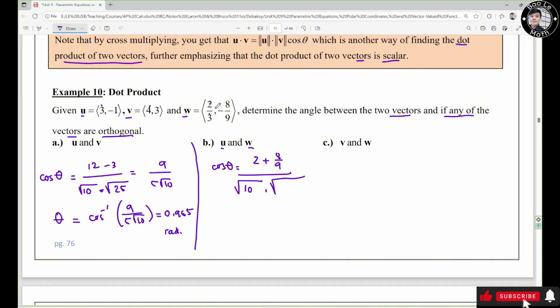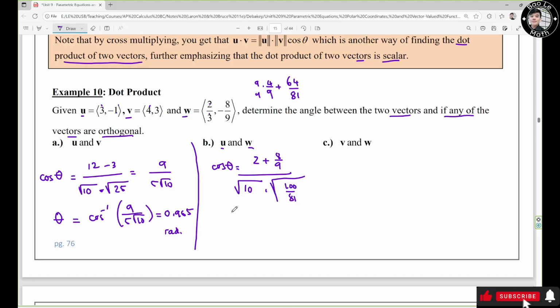Times the square root of 2 over 3 squared, which is 4 over 9, right? Negative 8 over 9 squared is plus 64 over 81, right? So I'm going to multiply the top and bottom by 9 for this guy right here, right? So I have 36 plus 64, which is 100 over 81, right?